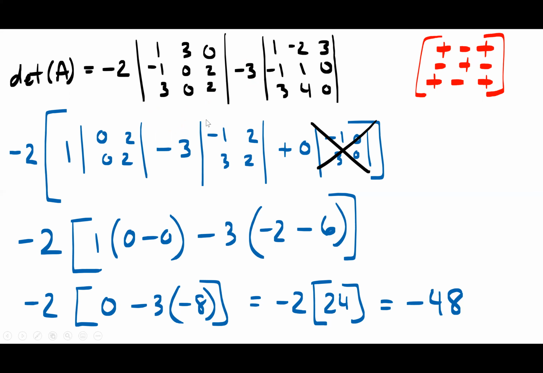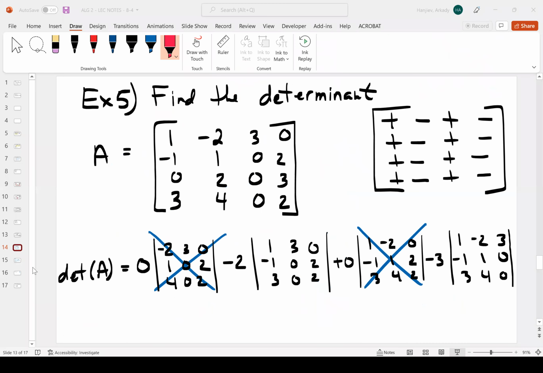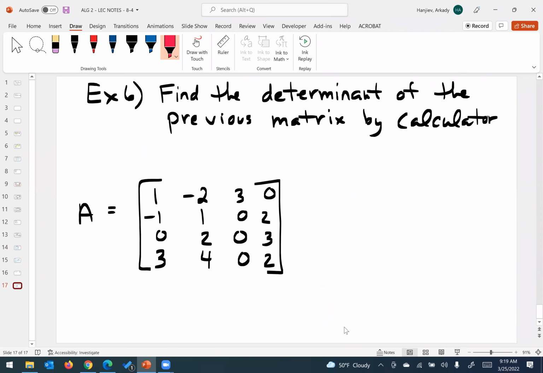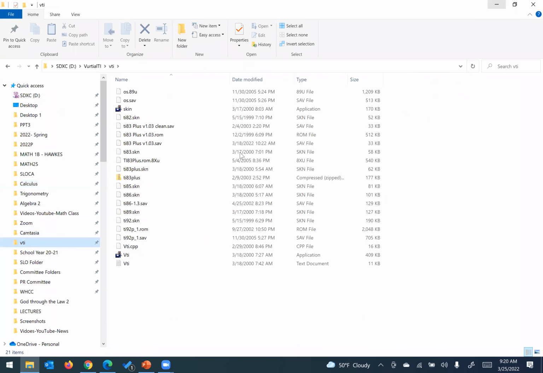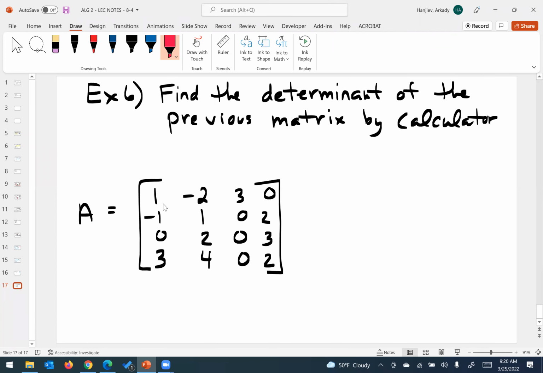Okay, calculator's out real quick here, and a minute and 10 seconds left. Let's go with it. Can we do it on the calculator? Let's do the exact same one that we just did. Let's see if we get 15. So first things first, calculator on, that kind of helps. And we have ourselves a 4x4 matrix.